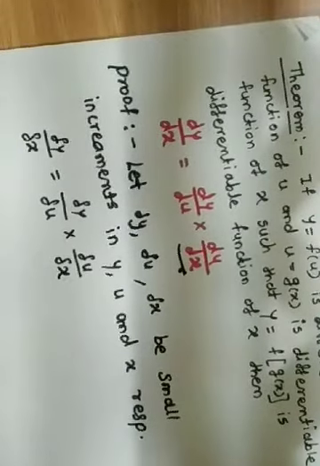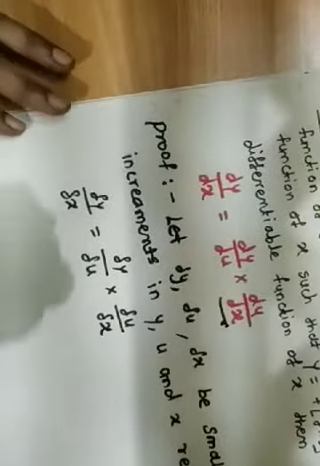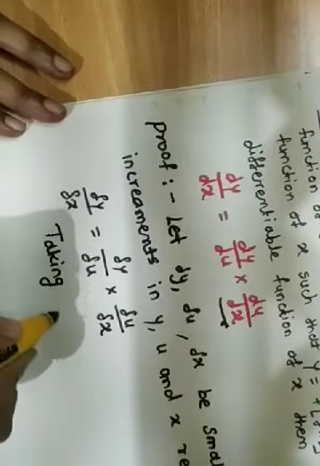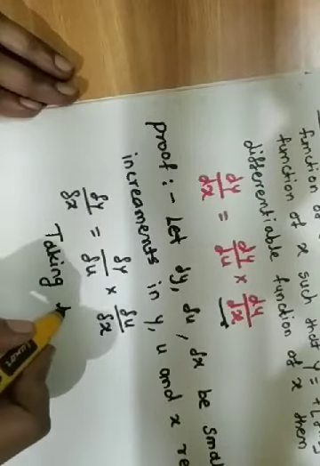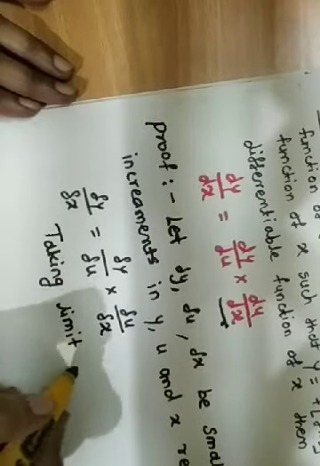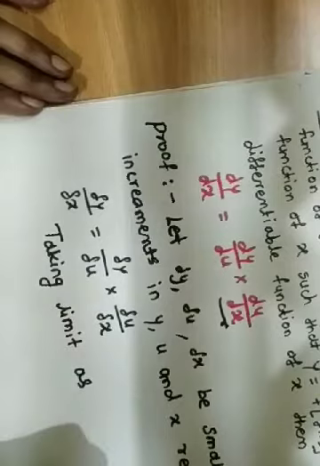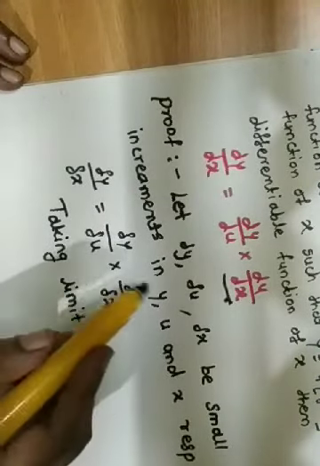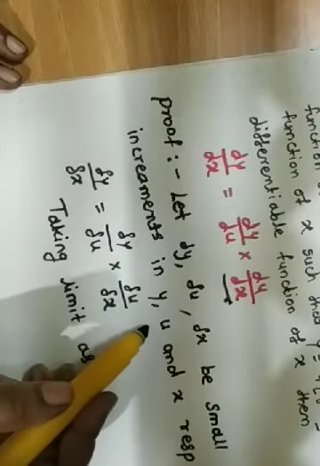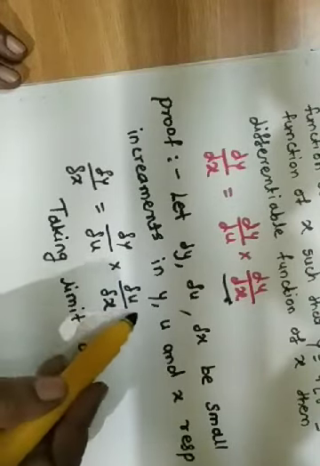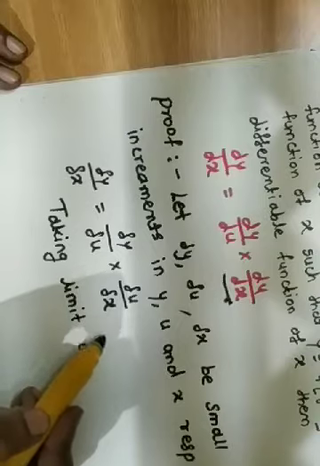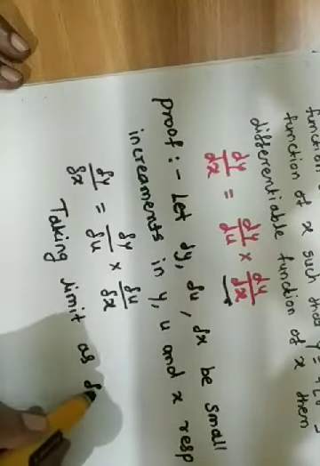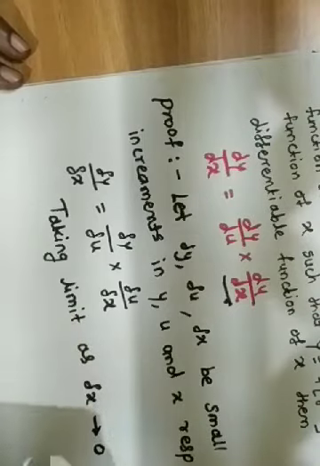Okay, taking limit. How to take this limit? Taking limit on both sides. Let us see, on the right side the last increment is with respect to x, and therefore we have to take limit as delta x tends to 0.